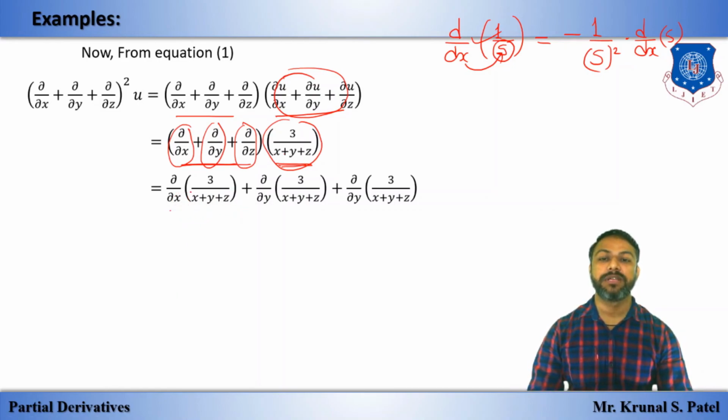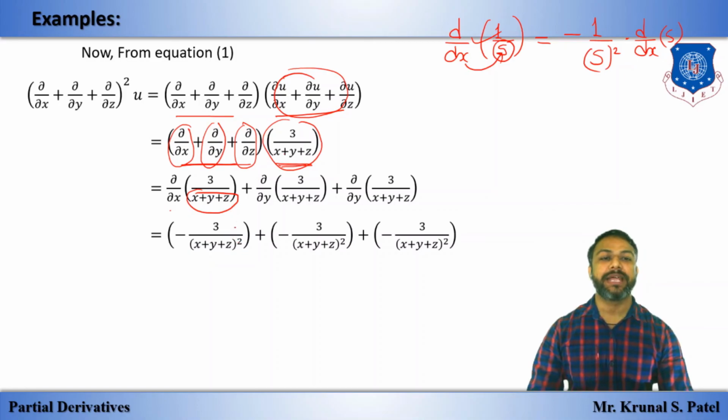So for 3 upon this something, it will be minus 3 upon something whole square, into del by del x of this something. Del by del x of this something is 1 plus 0 plus 0, that means 1 only, and 3 as it is. Same way we can apply this logic for this term also.